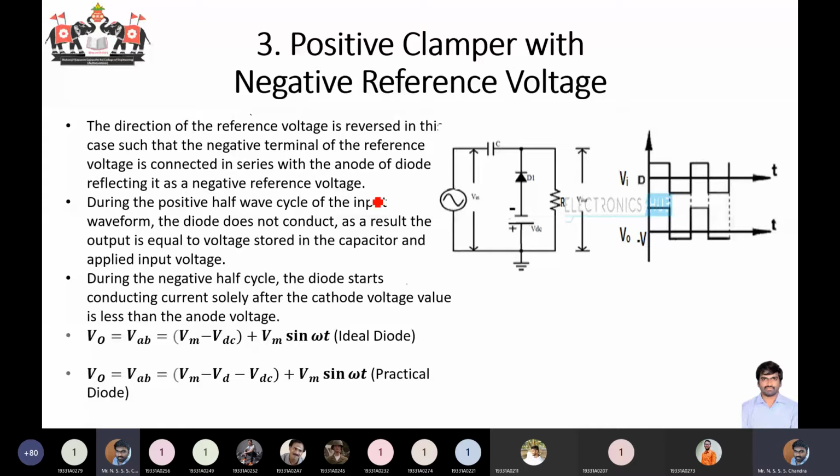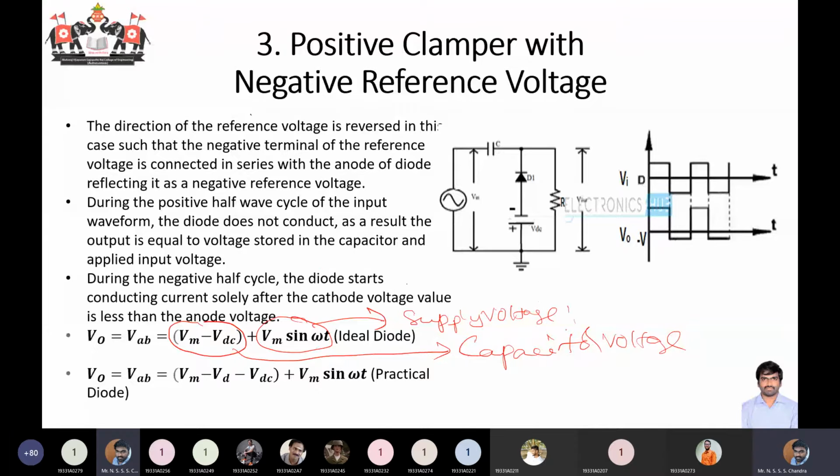So what happens in the output? Instead of Vm plus Vm sin omega t, you will be observing Vm minus Vdc. Your capacitor will now be charging only until Vm minus Vdc. This will be your capacitor voltage, whereas Vm sin omega t is your supply voltage.